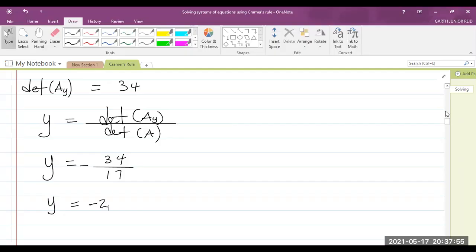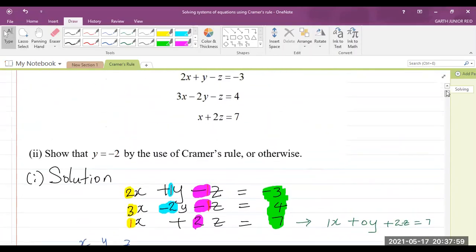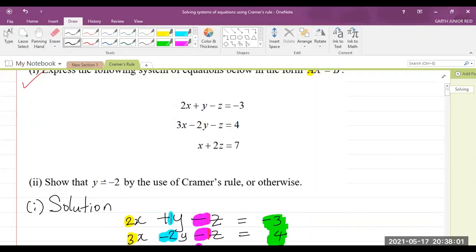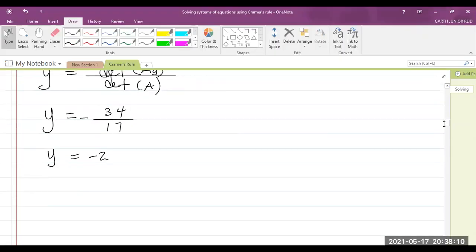Now remember, in the question it said that we are to show that y is equal to negative 2. So it means that I have shown it, and I can now come down here and say: shown.